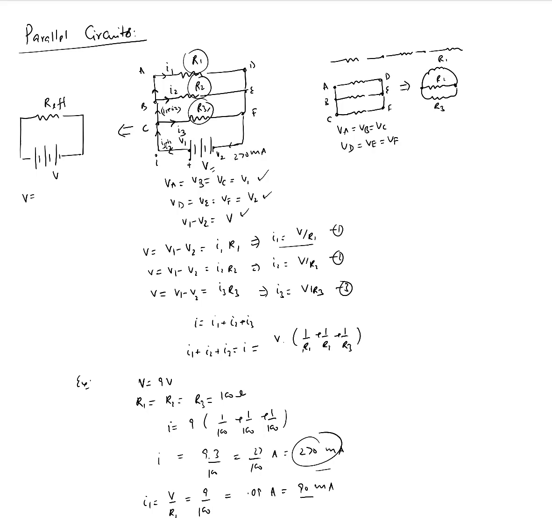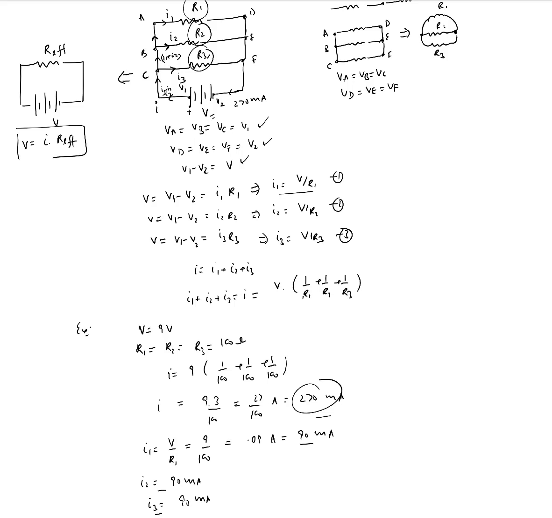So for this, the equation is V equal to the current times R effective, right? So if you compare this equation with this that we obtained, then you can readily see what the effective resistance would be, right? So we have I equal to V over R effective from this.